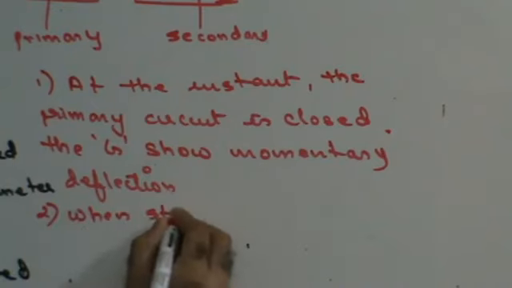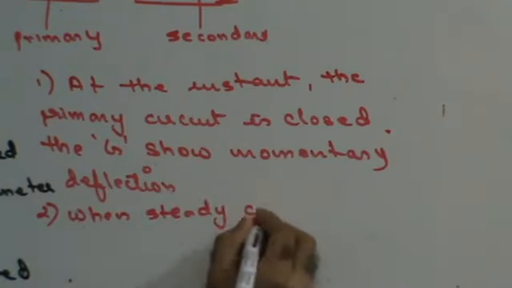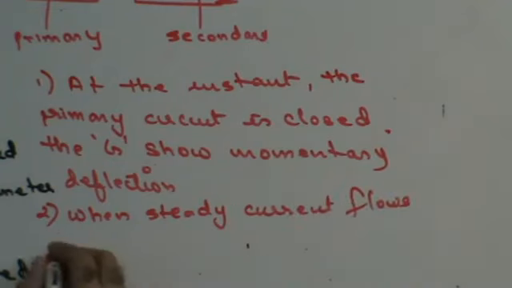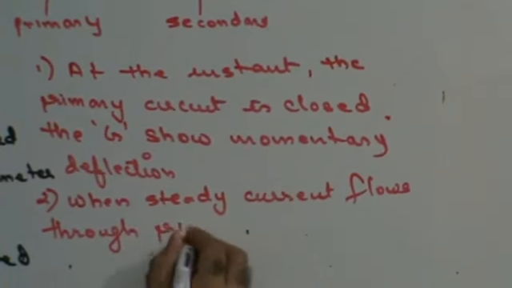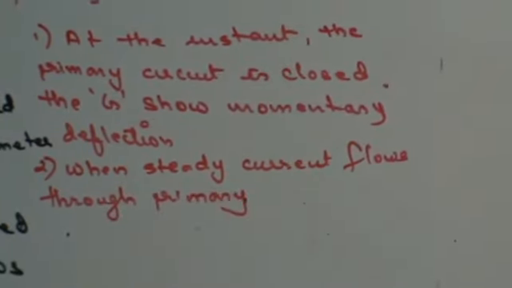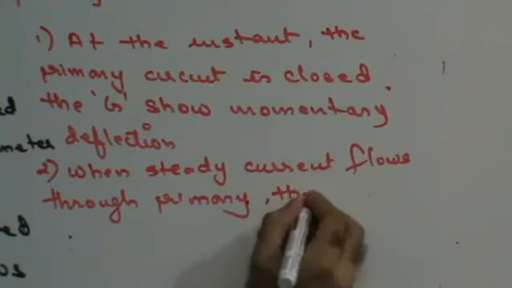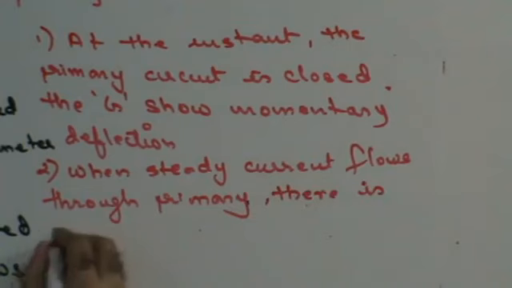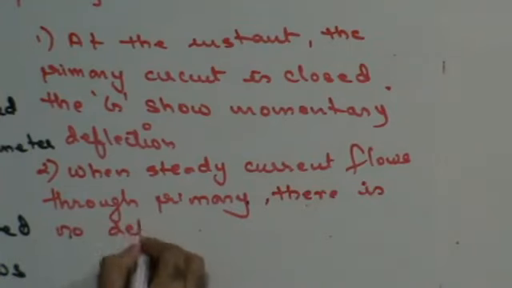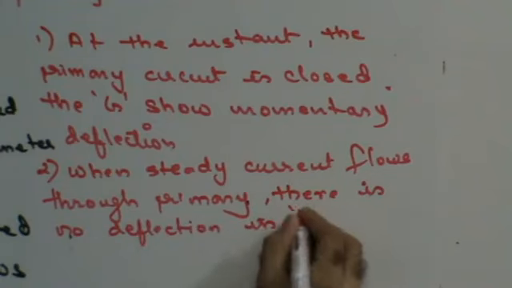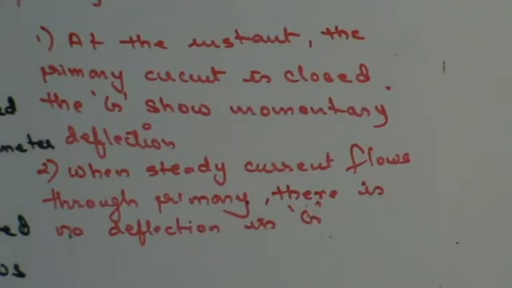Now, when steady current flows through the primary, there is no deflection in the galvanometer. The deflection is the moment I switch on, right?